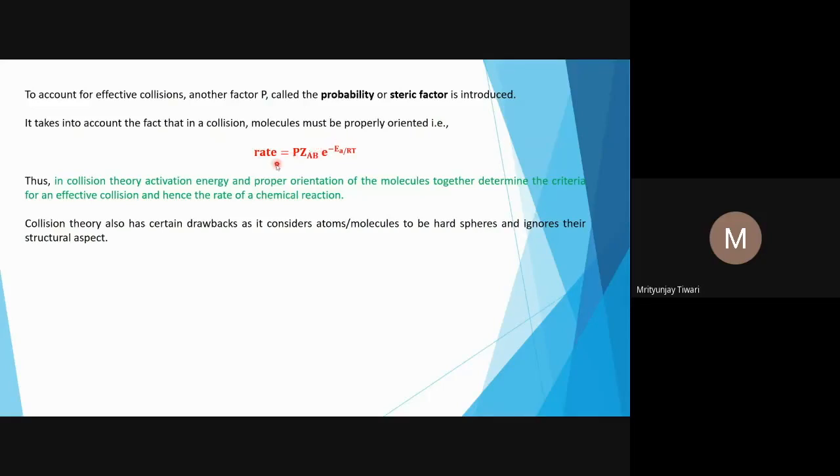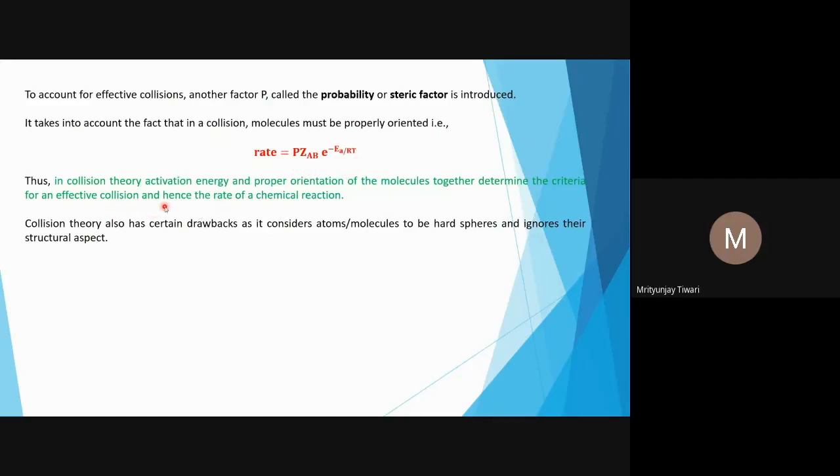So the equation that we have seen earlier, rate is equal to ZAB into e to the power minus Ea by RT, becomes rate is equal to P ZAB into e to the power minus Ea by RT, where P takes into account the probability or the steric factor for the proper orientation of the molecules.